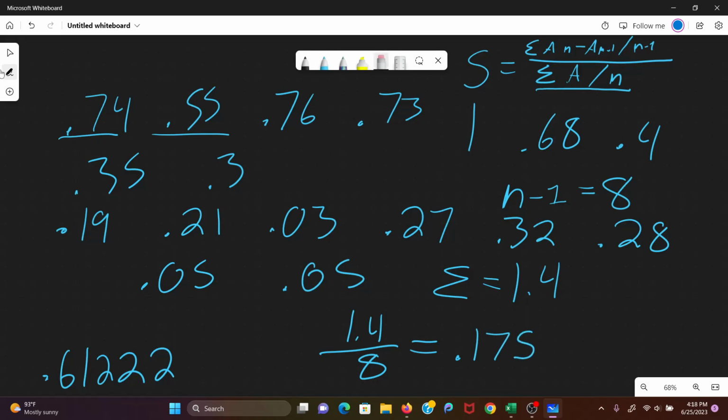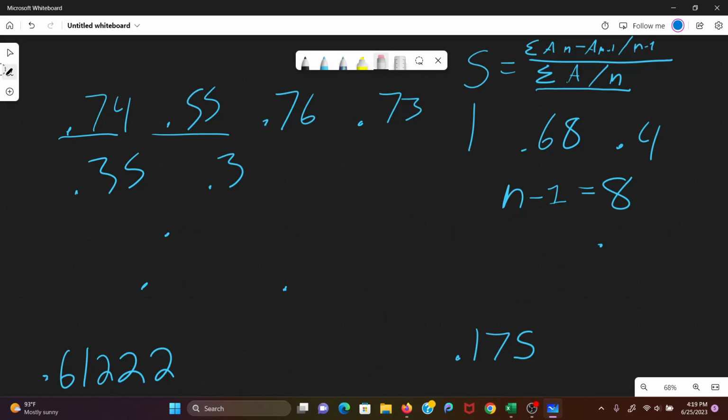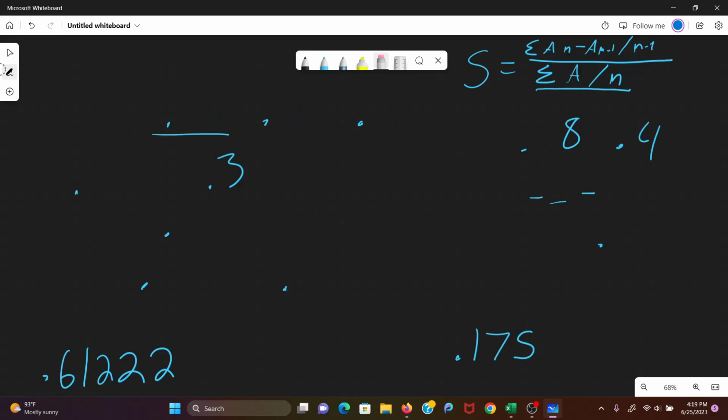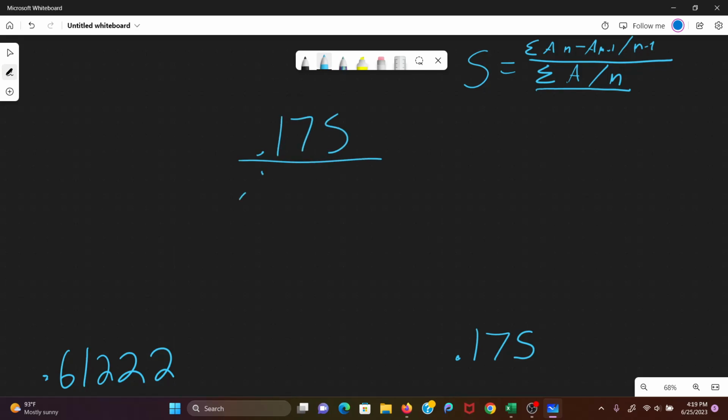So that's our numerator. We have our denominator down there. We got one last step, which is 0.175 divided by 0.61222 equals 0.2855.